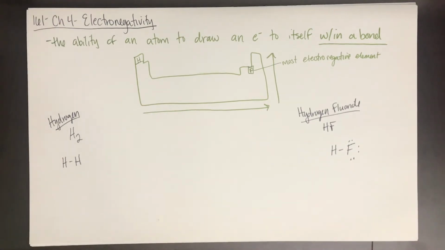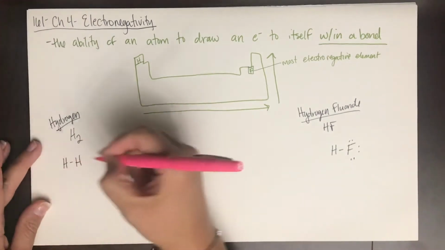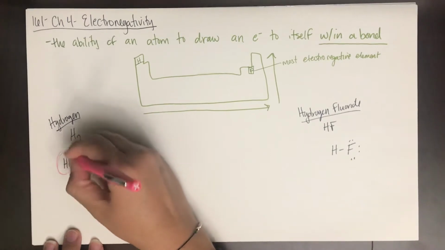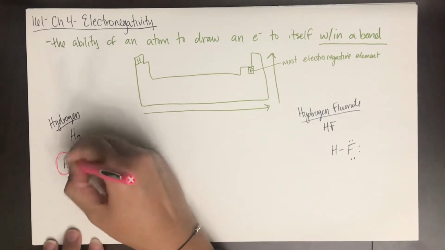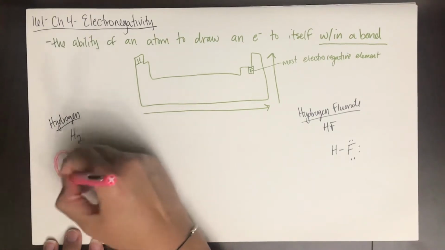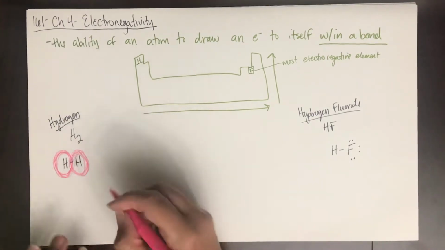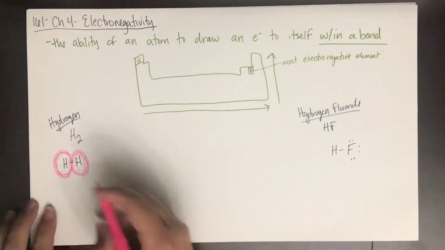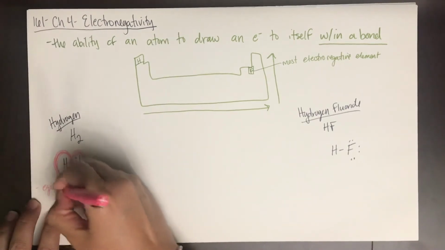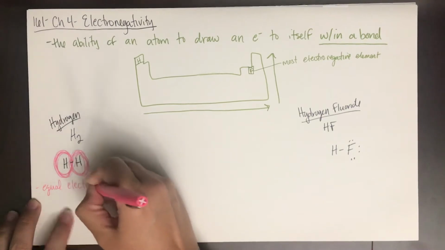Let's see what's happening here. These are both covalent bonds. If we were to pretend that these circles around here were the electrons, and the electrons are orbiting the hydrogens, they're orbiting these 2 hydrogens equally, because these 2 hydrogens have equal electronegativities.